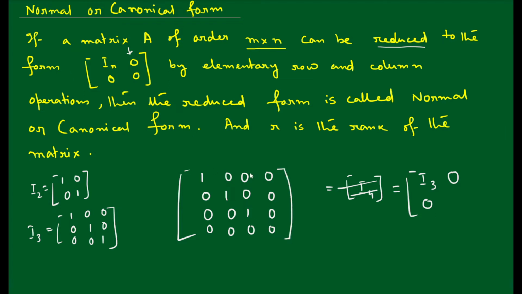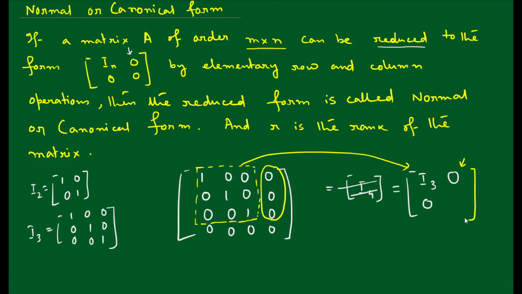Now see this part, I'm talking about this portion. This part is our I3, and these 3 zeros together are a null matrix, this particular matrix. And then here also you'll get 3 zeros. These 3 zeros are this particular null matrix, but we are still left with one more 0.